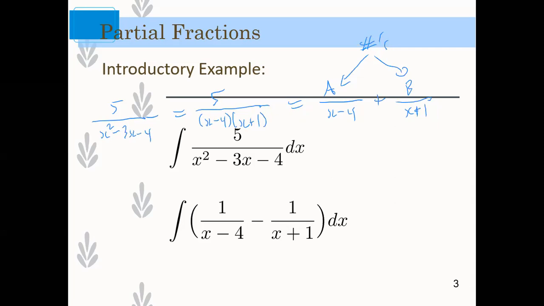You would do polynomial division to ensure that happens. Because if the power of the numerator is smaller than the power of the denominator, then it's guaranteed that that's still going to be the case even when I break it down. The power upstairs would have to be smaller than the power downstairs.